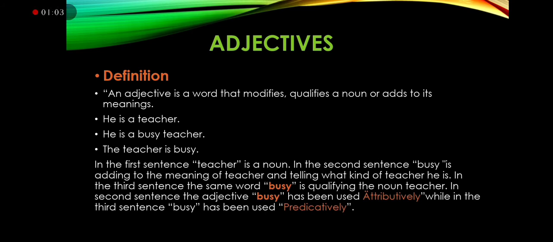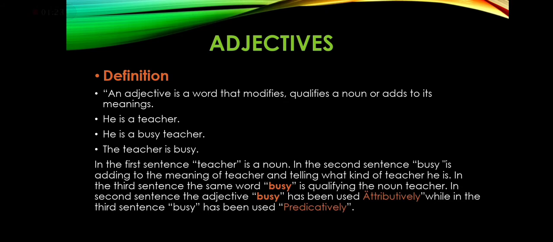So see, in the first sentence, you have to find out where the noun is. In the first sentence, teacher is a noun. In the second sentence, busy is adding to the meaning of teacher and telling what kind of teacher he is. In the third sentence, the same word busy is qualifying the noun teacher.